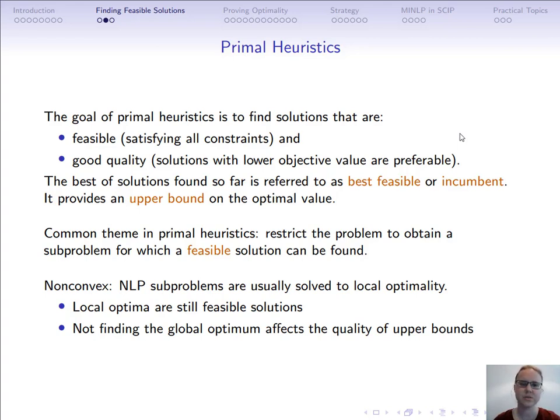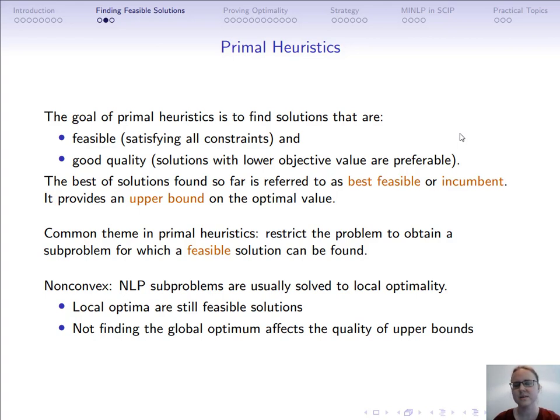And now if you also have non-convexity in your problem, then there is the issue with having local optima instead of global optima. On the one hand, it is alright, because local optima are still feasible solutions. So they can still provide an upper bound, and so we can still get some useful information from them.